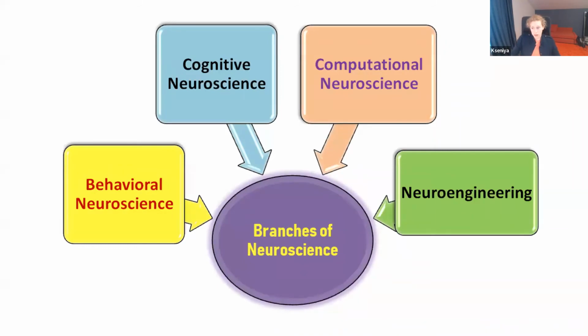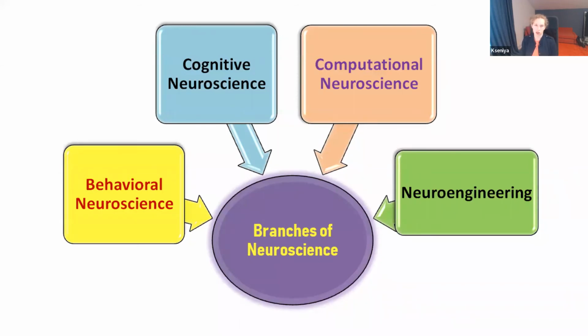Neuroscience is about the neural system and about the brain. And in neuroscience, unlike psychology or philosophy, you cannot throw out the material substrate. Nevertheless, there are different branches of neuroscience. For example, behavioral neuroscience focuses on describing behavior in terms of how the neural system functions.